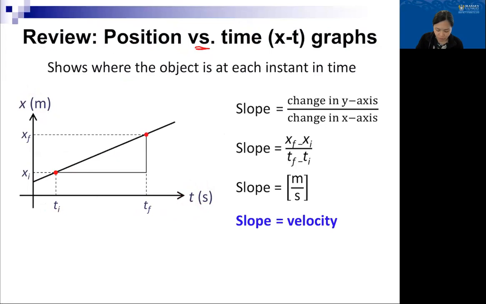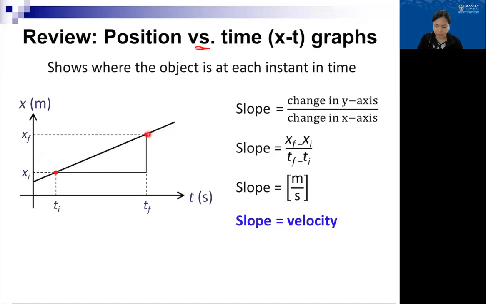The graph here is this straight line that shows us how the position of the object changes as time goes on. And we learned last week that if we have such a position versus time graph, we can take 2 points along that graph.